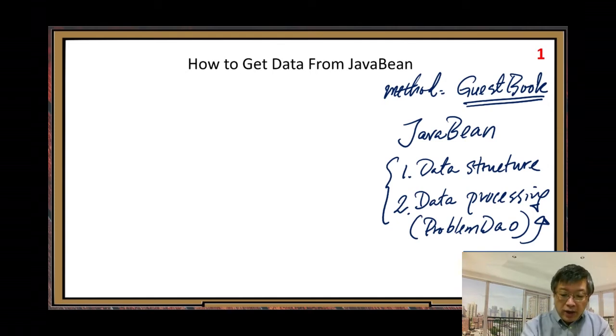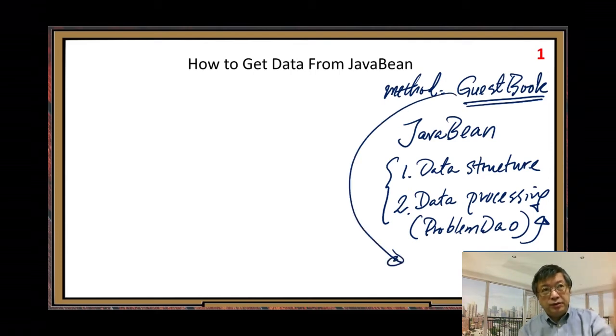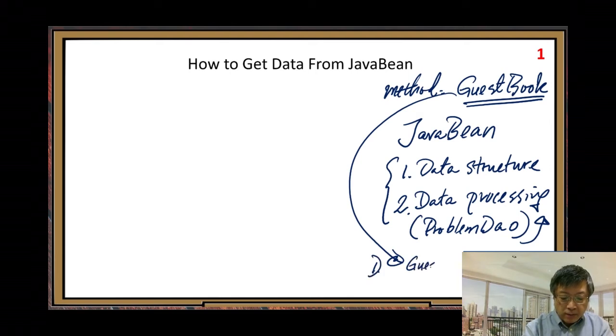If we go back to our guestbook example, there are two JavaBeans for these two different types. The first one is called guestBean.